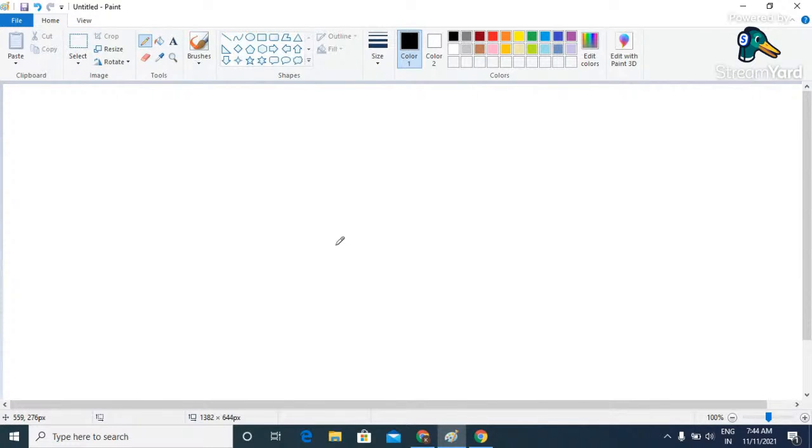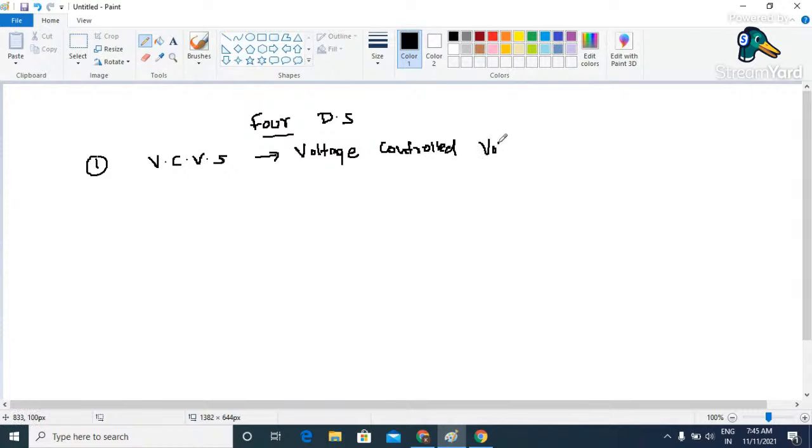So basically, as far as the electrical domain is concerned, we have four different types of dependent sources. First one is called voltage controlled voltage source. In the same way, second is voltage controlled, but it will be a current source.